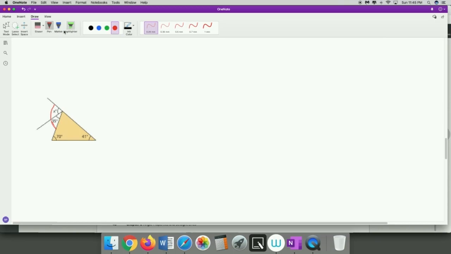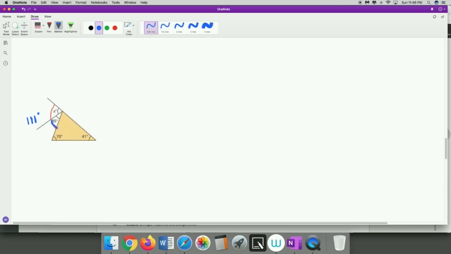So I know that together, these two equal 111 degrees. Together this whole thing is 111 degrees. I know this part of it is 35.